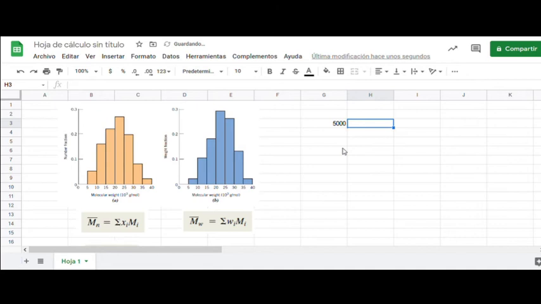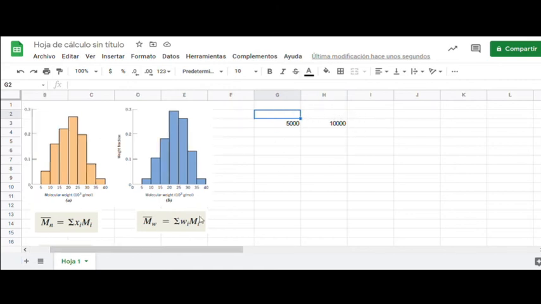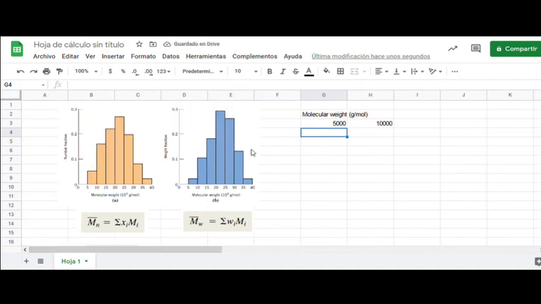The first one goes from 5,000 to 10,000, like this, and this is in grams per mole, right? And it increases by 5,000 every time.